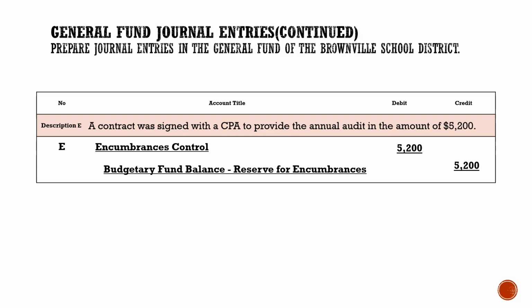Now, like I said, this could have gone the other way where we simply debited an expenditure and credited the cash. But fear not, I will let you know when you need to encumber something or when you need to just expenditure something, right? There are a lot of factors that go into do we use an expenditure or do we use an encumbrance system for this.